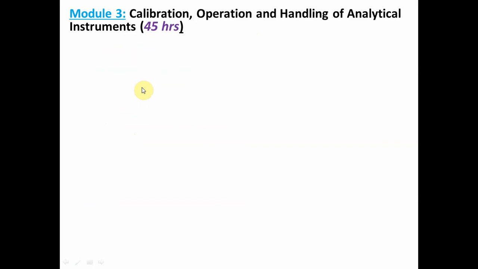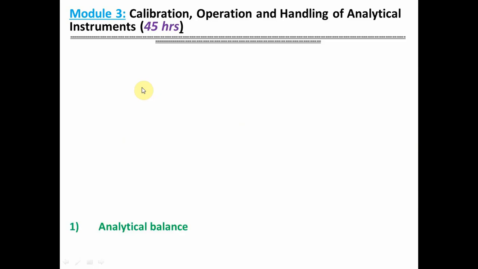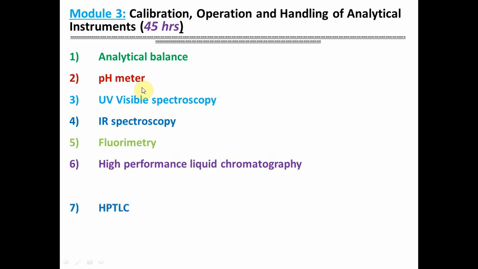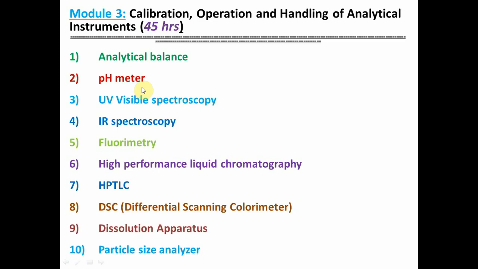The next module 3 is calibration, operation, and handling of analytical instruments. 45 hours are allocated for this, which includes analytical balance, then pH meter, UV visible spectroscopy, IR spectroscopy, fluorimetry, HPLC, then HPTLC, DSC, then dissolution apparatus, and last particle size analyzer.